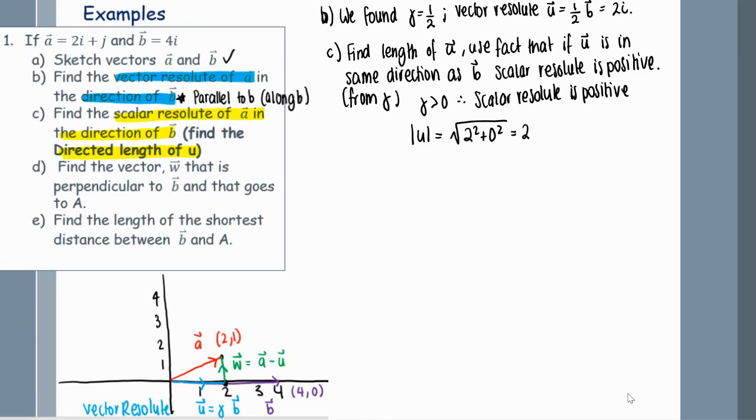The length of that is 2 squared plus there's no j component, 0 squared, take the square root, and you'll just get 2. That means our scalar resolute is positive 2.